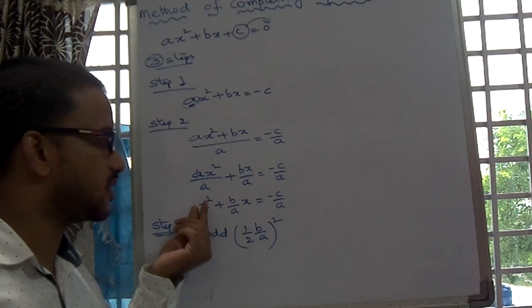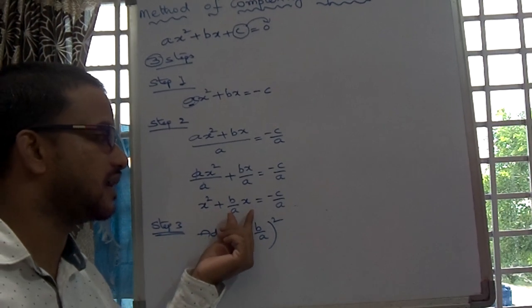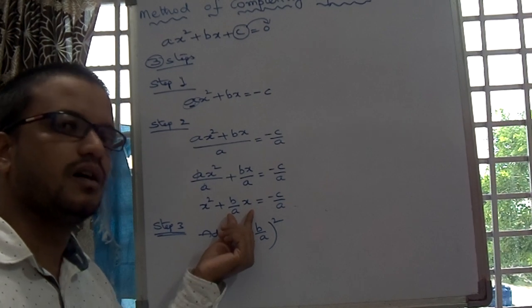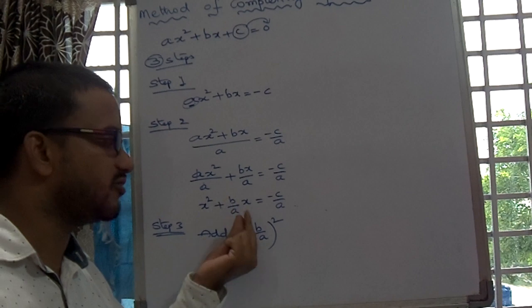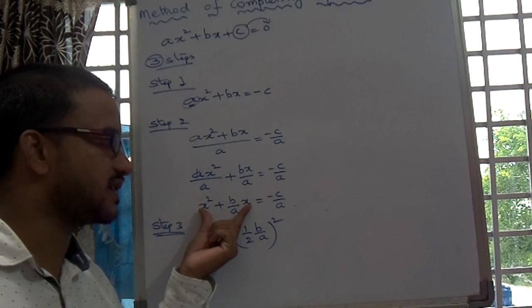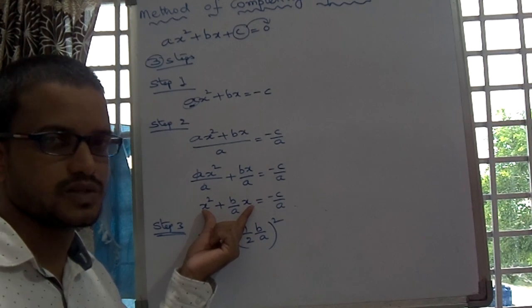Here we can observe x square, and I can use this as 2ab or minus 2ab, depending upon the sign. If I have b square, I can write this LHS as either a plus b whole square or a minus b whole square.